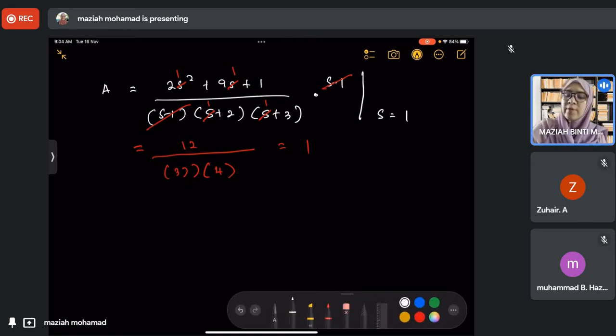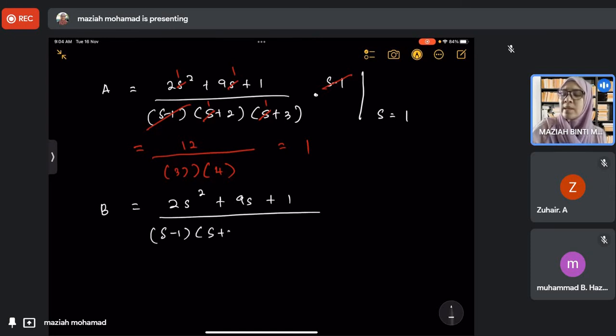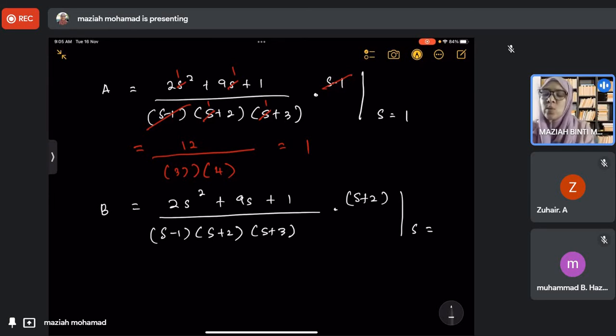So similarly for B is equal to 2s squared plus 9s plus 1 divided by s minus 1, s plus 2, s plus 3, multiply with s plus 2. That is the denominator under B, where we consider s equal to minus 2. Right?